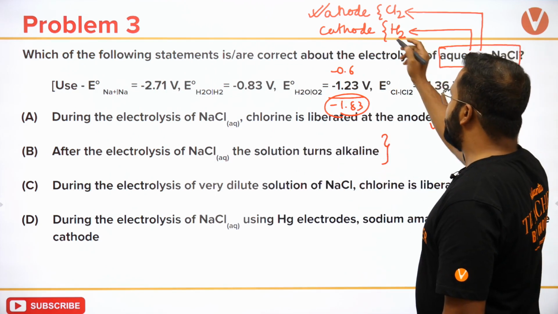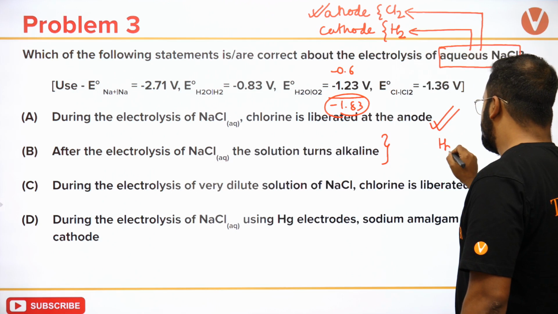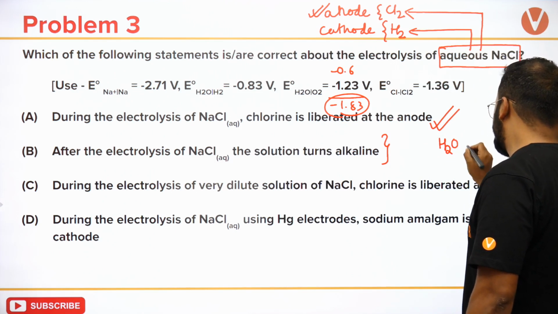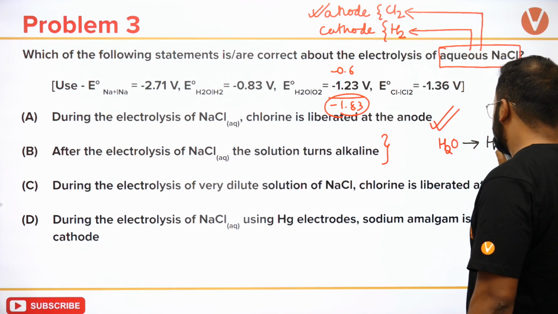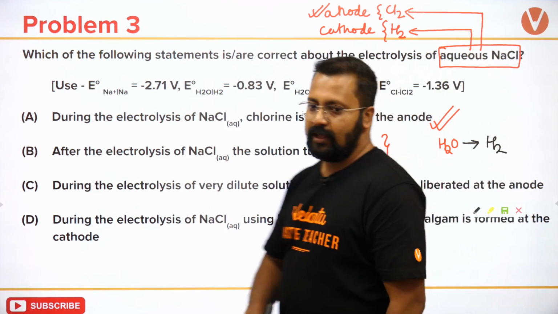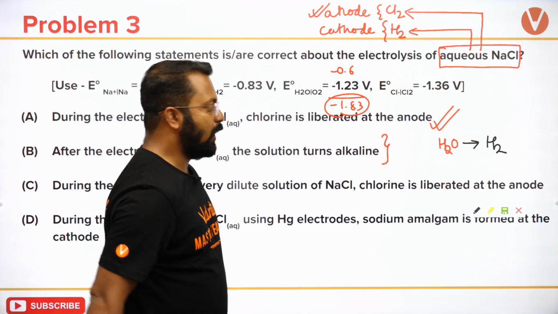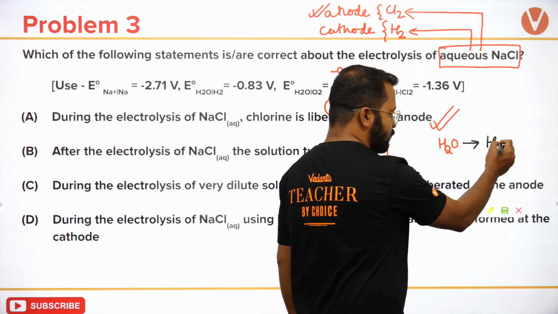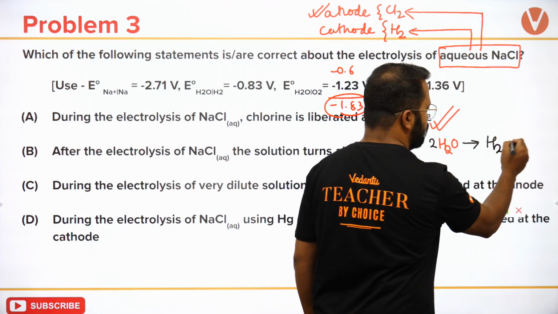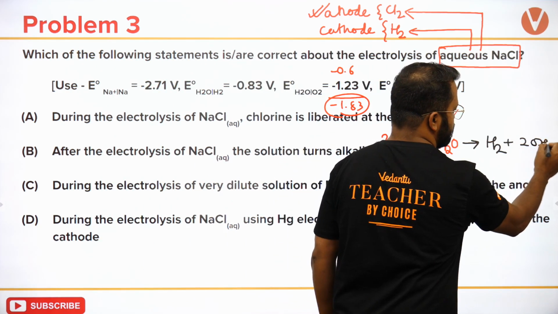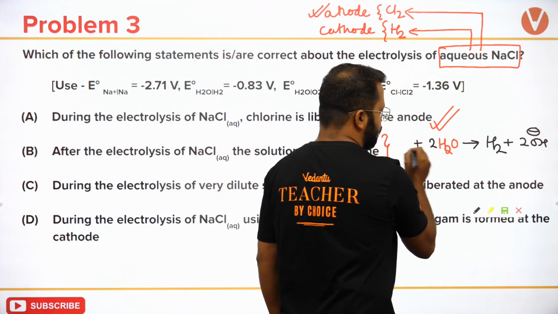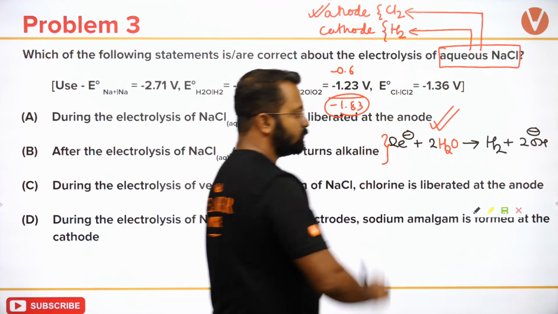Which reaction is happening at cathode? This reaction, H2O is getting converted into hydrogen. So I will write 2H2O, I will put 2OH minus and I will put 2 electrons over here.